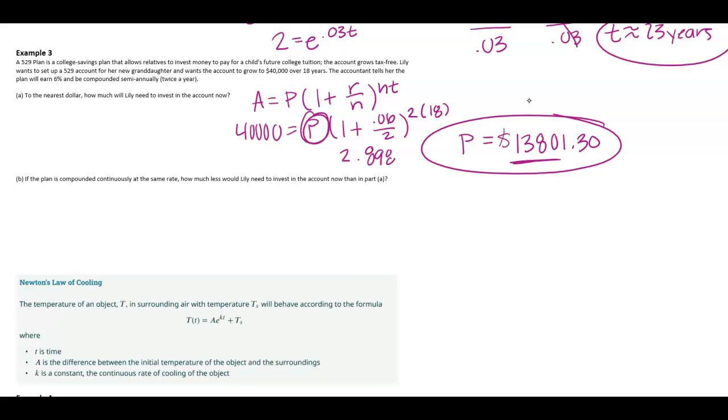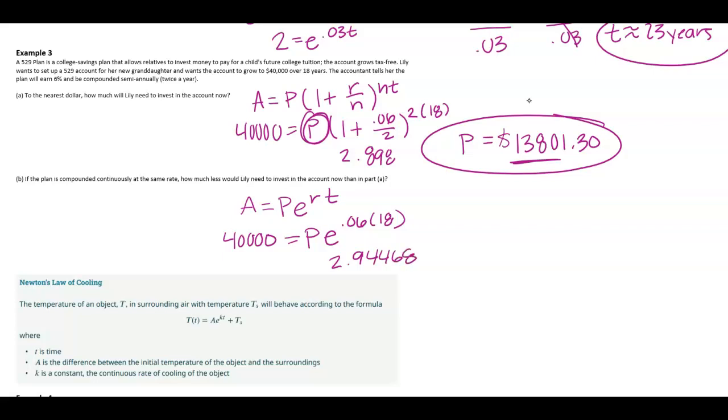Let's see, if the plan is compounded continuously, how much less would she need to invest? Well, if we compound continuously, then we are going to use e in that situation. And so we would have 40,000, the rate, and she wants this to happen in 18 years. So what is e to the 0.06 times 18? That number is 2.94468.